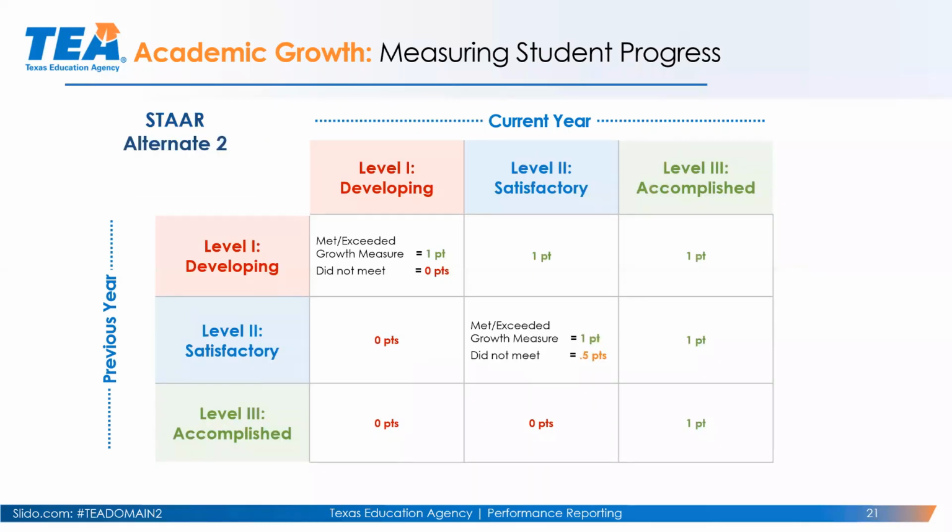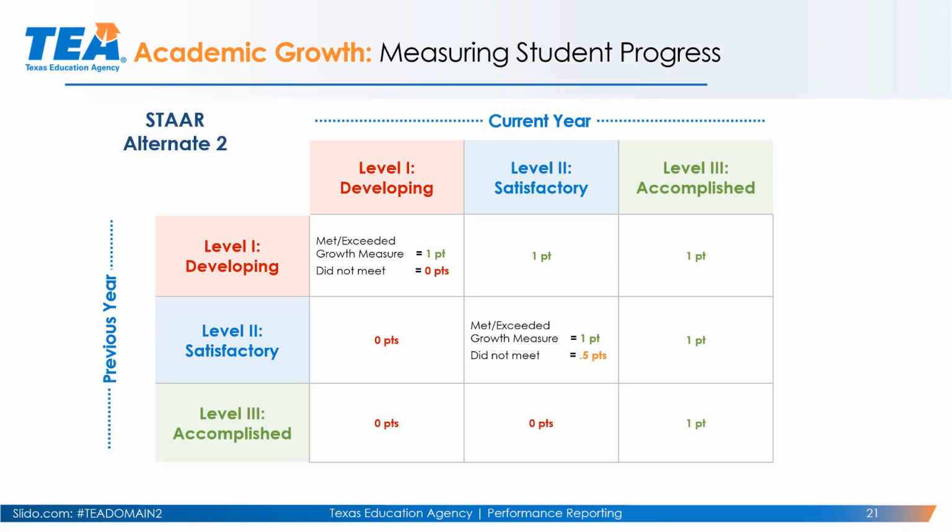The same concept applies for STAAR Alternate 2 assessments. The STAAR Alternate 2 progress measure provides information on the amount of improvement or growth that a student made in the subject area. This is based on a comparison of the student's score from last year to this year. The progress designations are labeled as did not meet, met, or exceeded growth for STAAR Alternate 2.